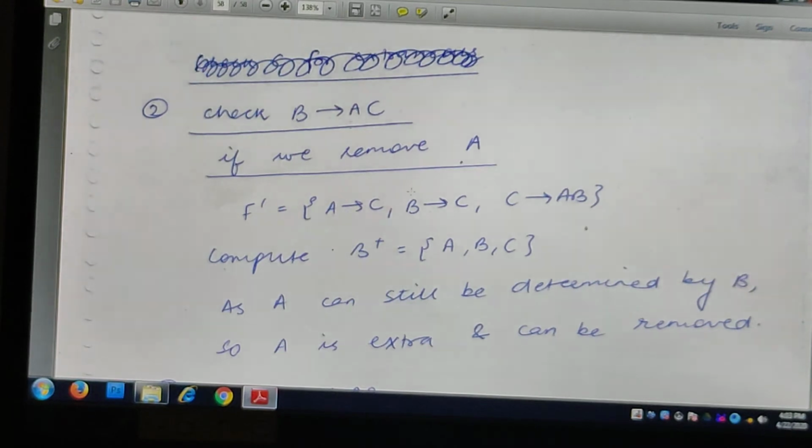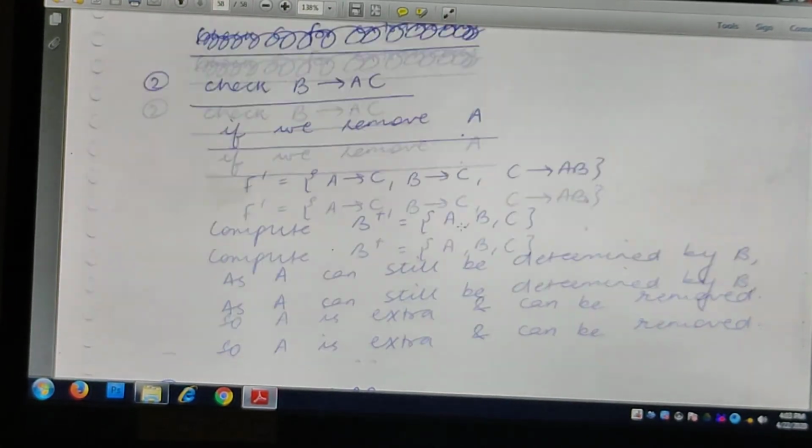If I remove A from here, it will become B to C. Now you can see B to C and C to A means A is dependent on C, C dependent on B means A is dependent on B. It means the closure of B will remain the same even if I remove A from this particular functional dependency. It means A was extra and I can easily remove it. You have to make sure that the closure of all the attributes before and after removing the extra attributes remains the same, and this is what I am checking here, right?